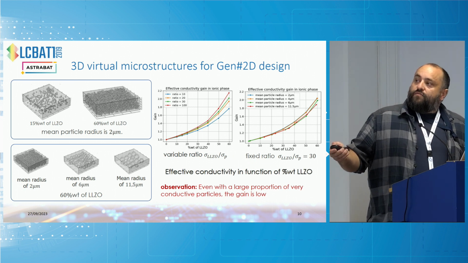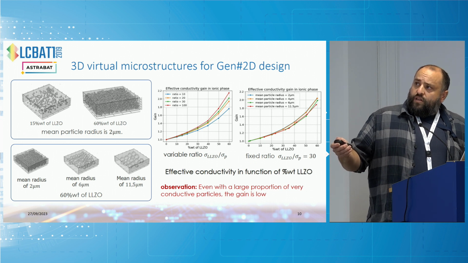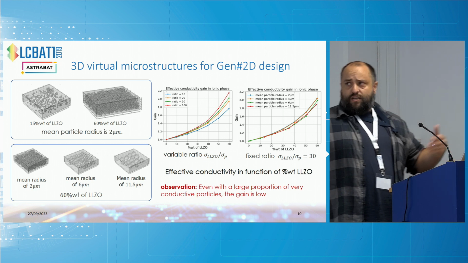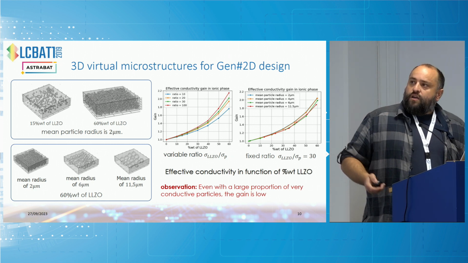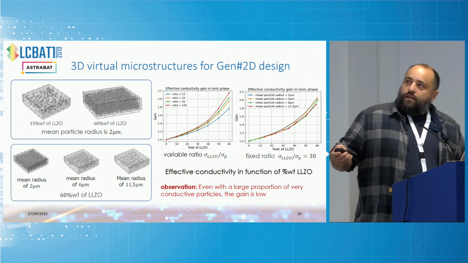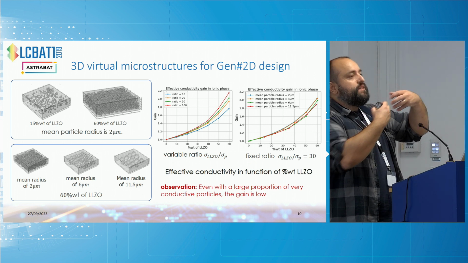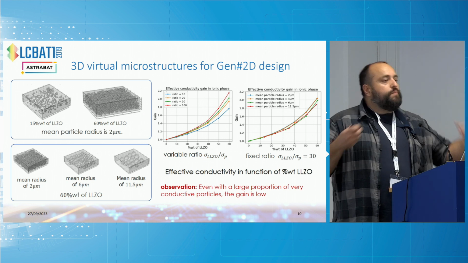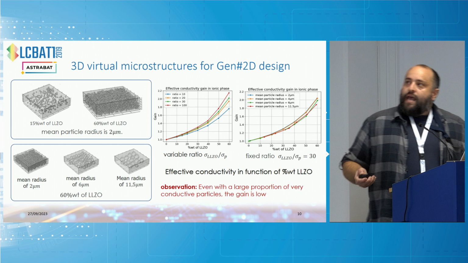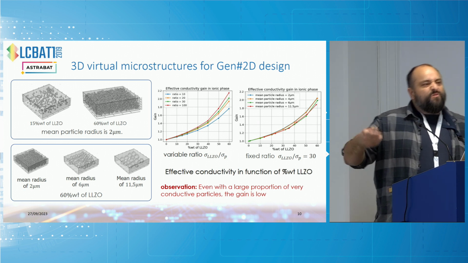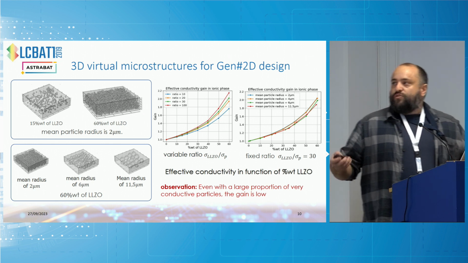And when we have 60% weight of LZ0, we have only multiplied by 2 the gain in conductivity. So in this model, we don't have contact between particles, so the particles do not percolate in the structure. In this configuration, we can put a lot of ceramic, and we don't have a huge gain in conductivity.